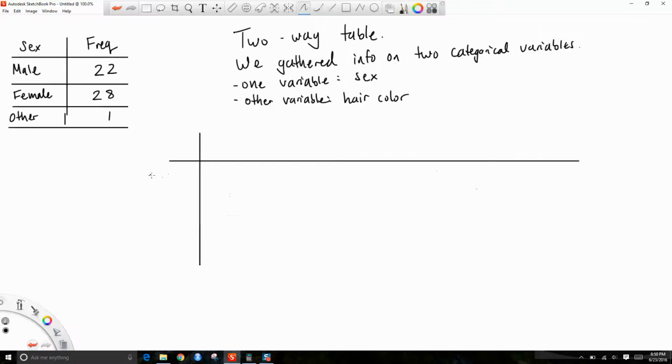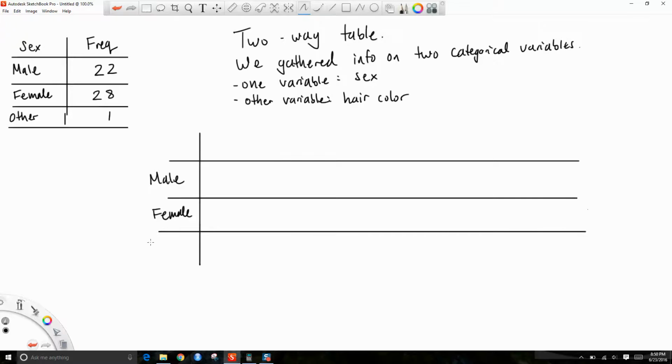So we have male, female, other. This will be sex over here, and then we'll have hair color.